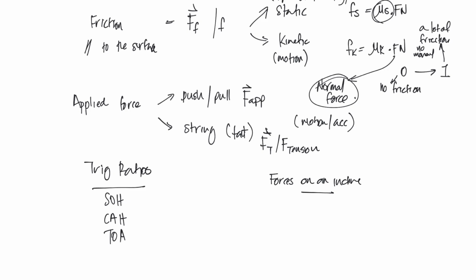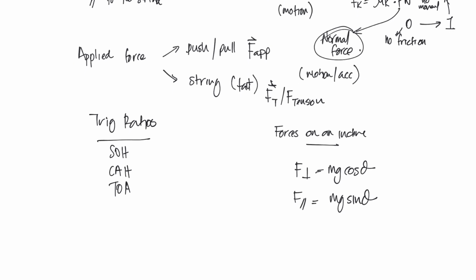If I want Fy, or rather, let's put it like this. If I want F perpendicular, my formula is mg cos theta. And if I want F parallel, that's going to be mg sine theta, right? Also, we must realize where theta is.